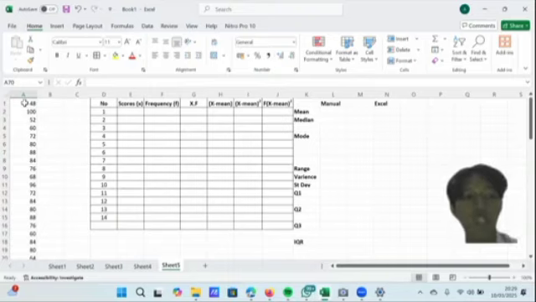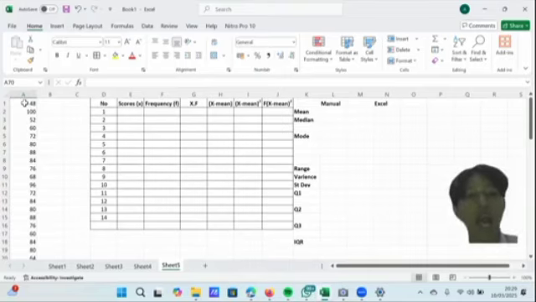The next one is measure of variability, a way of summarizing a group of data by describing how spread out the scores are, including range, interquartile, variance, and standard deviation. And the last, we are going to draw the polygon. Okay, let's get into the tutorial.